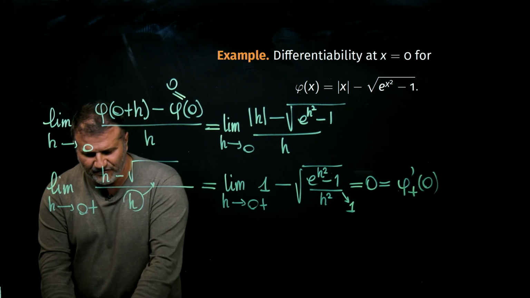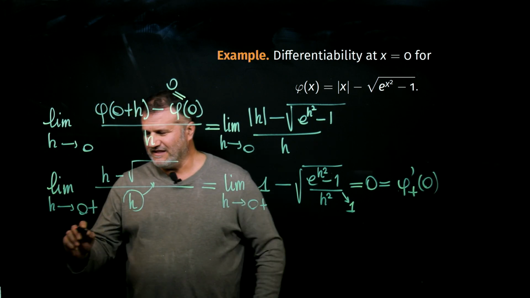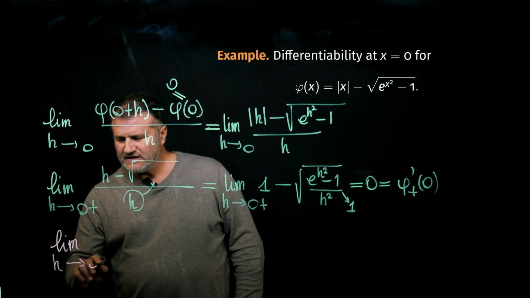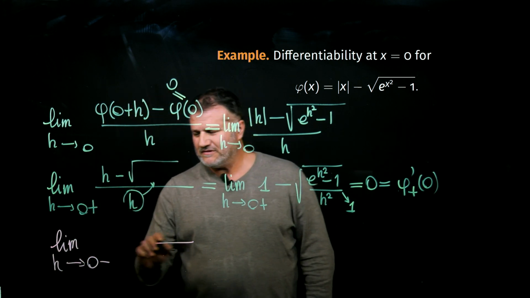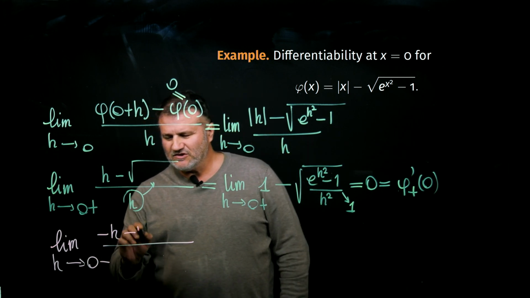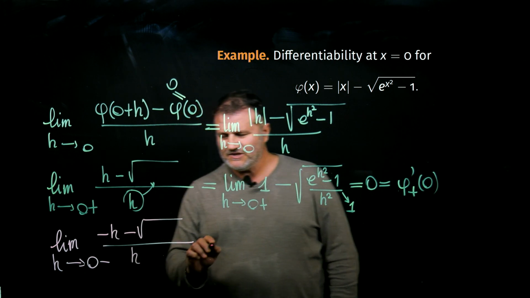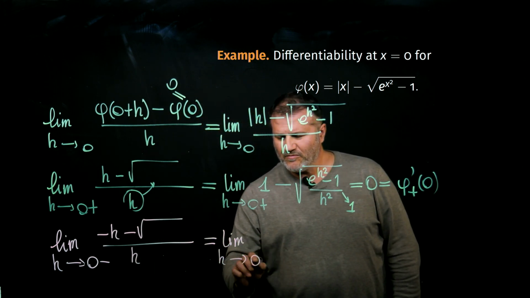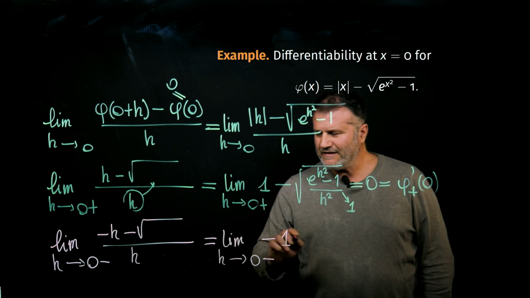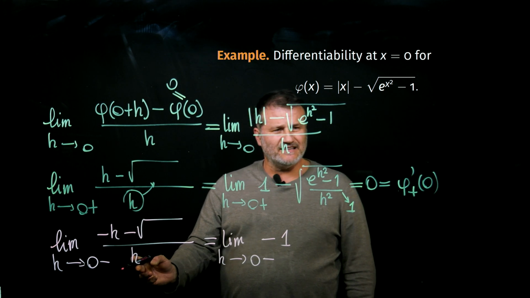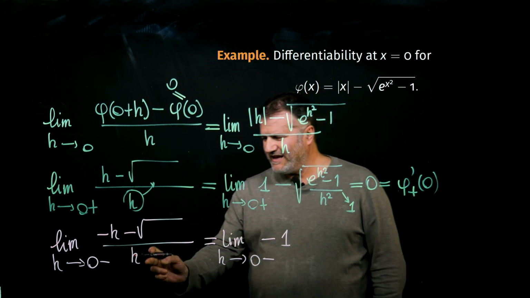What changes if we now compute the left limit? So, limit for h going to 0 minus. Now, the modulus of h becomes just minus h, so minus the root, divided by h. So this becomes the limit for h going to 0 minus of minus 1. And now I cannot carry the h inside because h is negative, so there would be an error here.